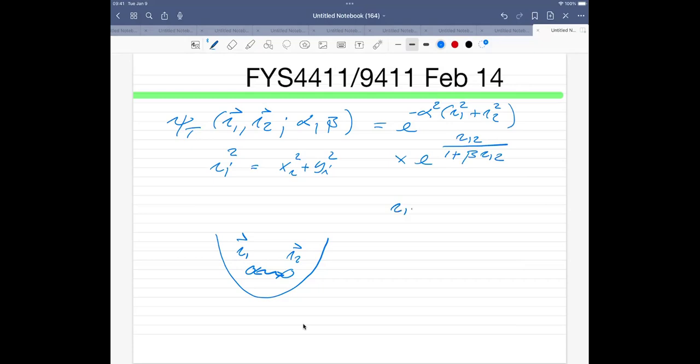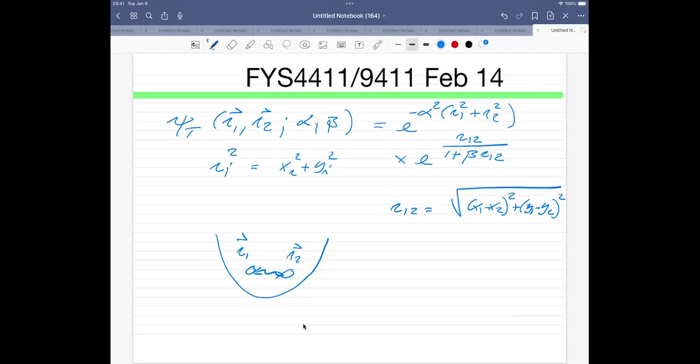And so this R12 is nothing but the difference between x1 minus x2 squared plus y1 minus y2 squared. Now in project 1, your correlated wave function is going to be slightly different.